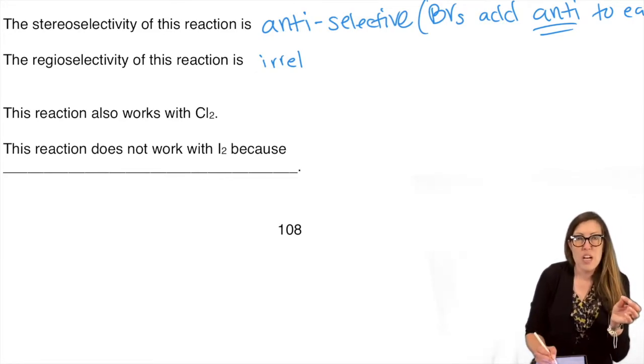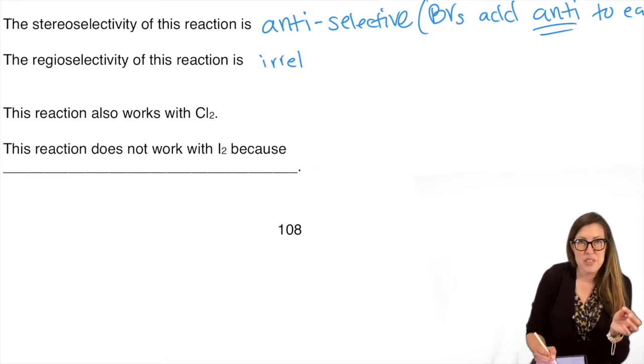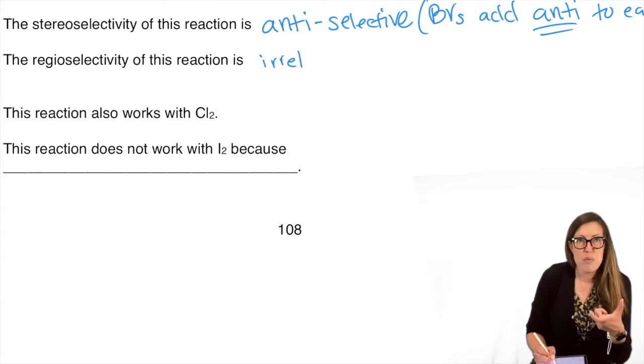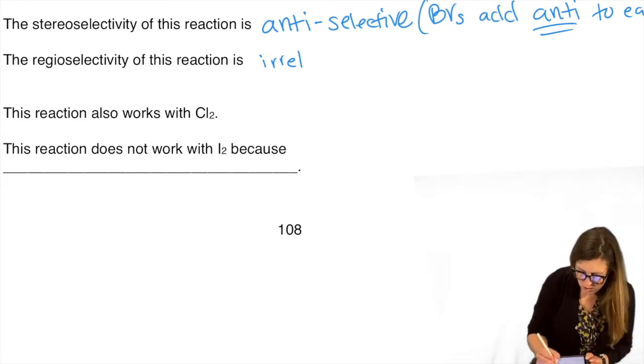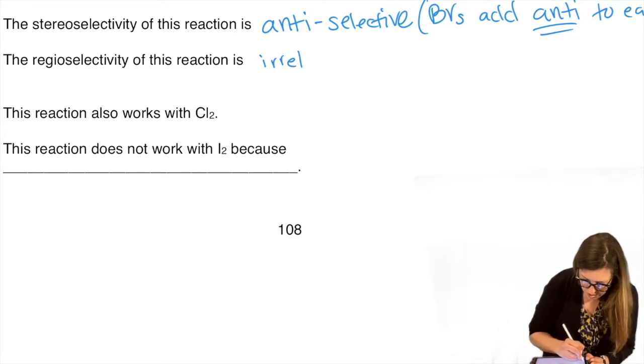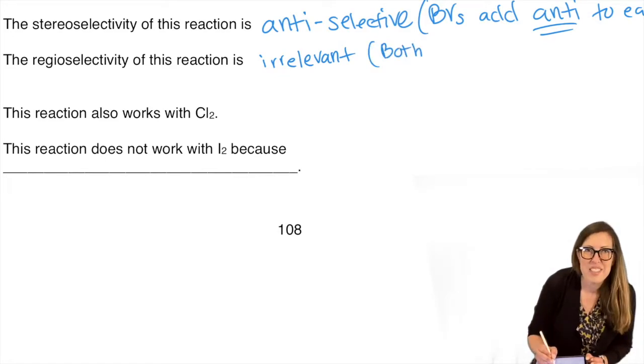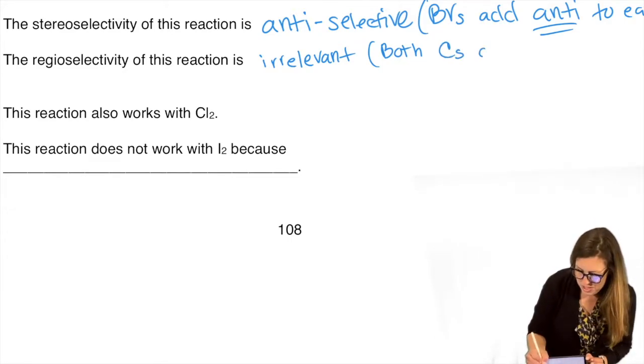One atom has to fill its octet, so it loses the electrons, and the other one that took the electrons has to share it with something. They both were able to do that with a bromine. I think I'm spelling that wrong. There we go, irrelevant. So that part of your brain gets a break because you don't have to sit there and think which one gets it. They both, at least for now, both Cs get a Br.